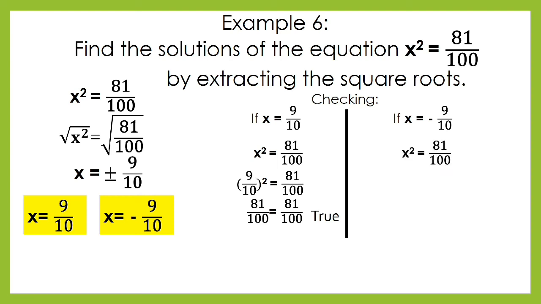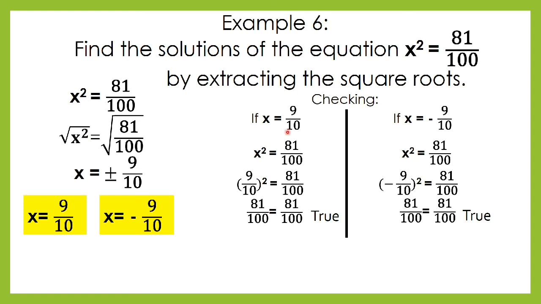Okay, so yung second root natin or solution is negative 9 over 10. Substitute to the original equation. We now have x is negative 9 over 10. So we have (negative 9 over 10) squared equals 81 over 100. Simplify. Negative 9 squared is 81. 10 squared is 100. Equals 81 over 100. They are also equal, so that is true.